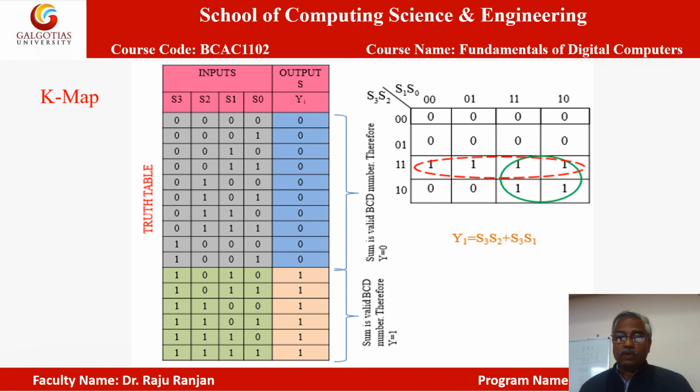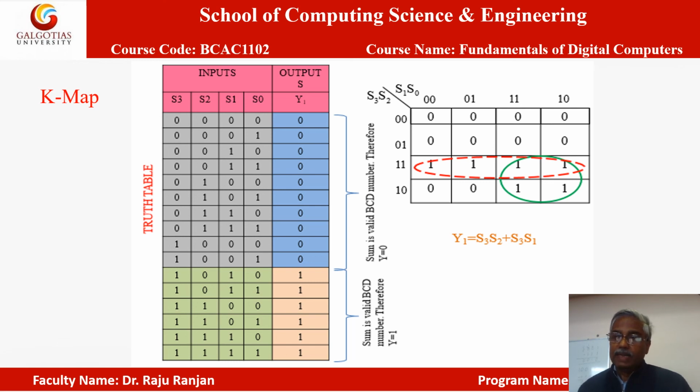So look here, in row number it is 1 1 and 1 0, means the value of S3 will be taken here. S3 is 1, so we will write S3, and in the column number it is 1 1 and 1 0, means the value of S1 will be taken. So it will be represented by S3 S1. So here the expression becomes Y1 is equal to S3 S2 plus S3 S1.